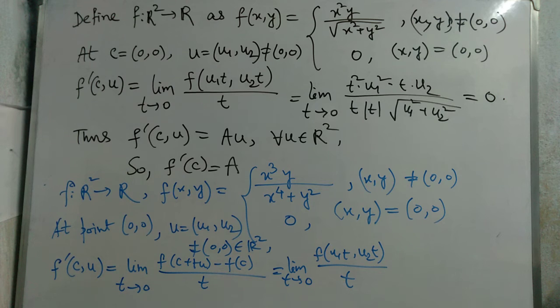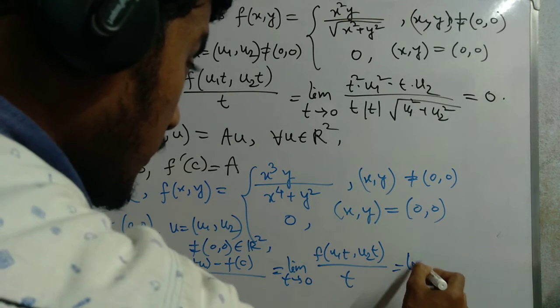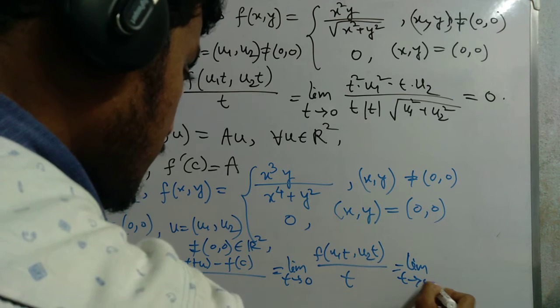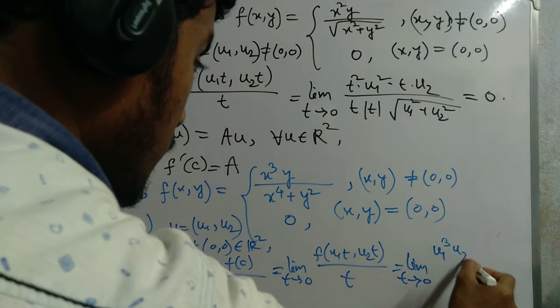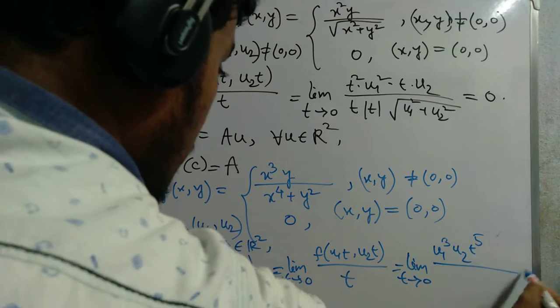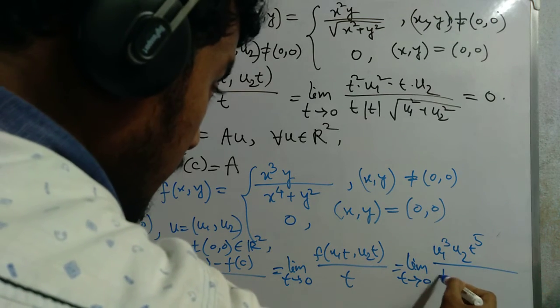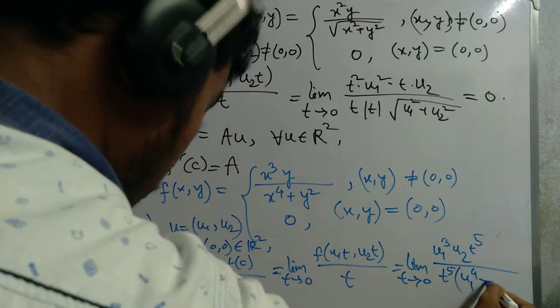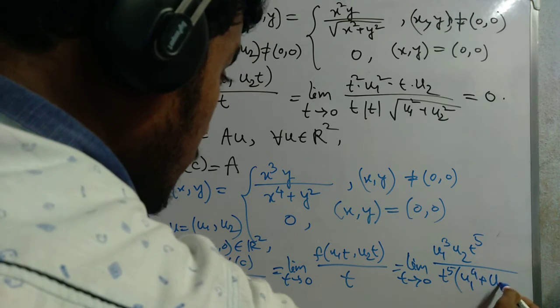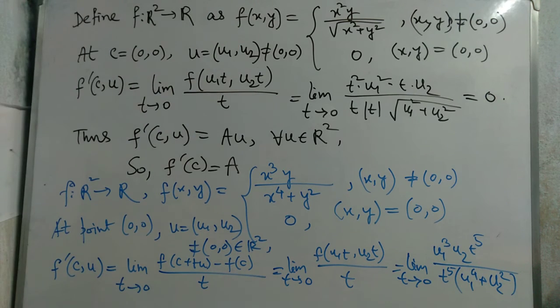Okay, then this implies the limit as t tends to 0 of u1 cube u2 t to the power 5 divided by t to the power 5 times (u1 to the power 4 plus u2 squared).